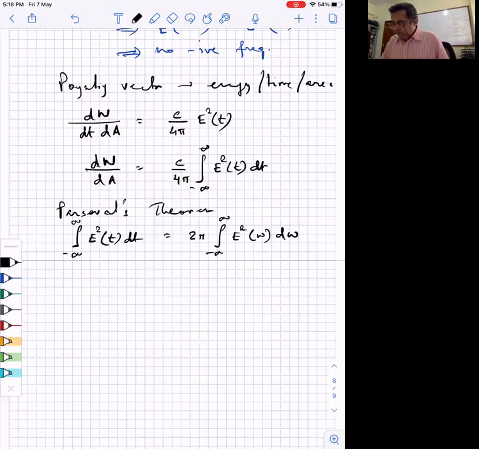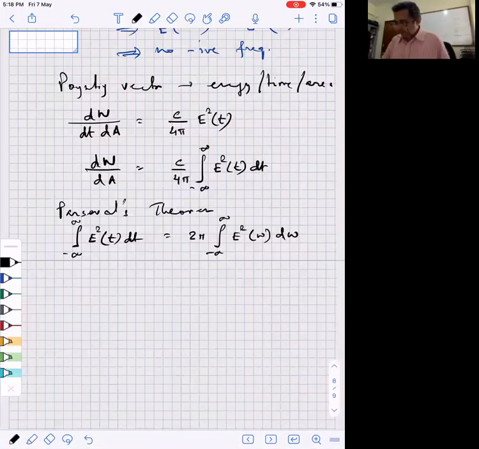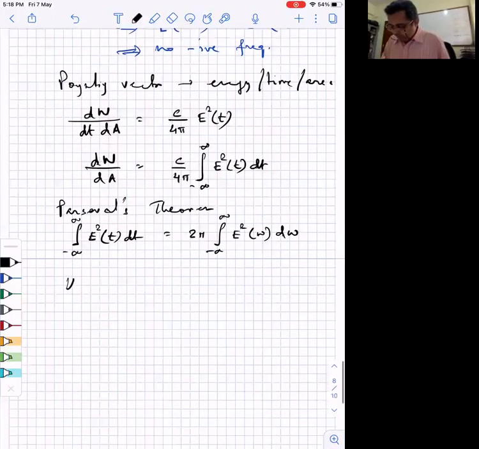Now, remember this E of omega has this symmetry, right? So use the symmetry for E of omega. Because omega going to minus omega, it was symmetric. So I can write down E squared, and I should put in a hat over here.